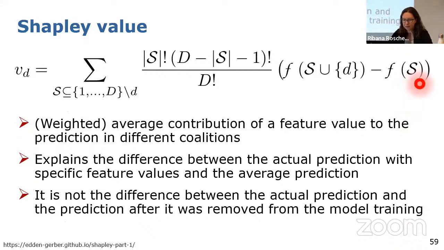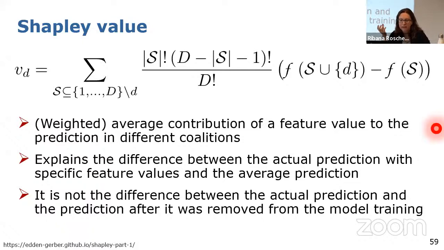So let's come back to this equation. Once again, the Shapley value is the weighted average contribution of a feature value to the prediction in different coalitions. And this is actually what you do here, and then you sum over all different coalitions. Not to be confused, I know it's oftentimes misinterpreted, what the Shapley value actually tells you.